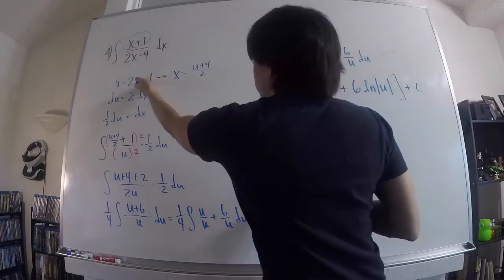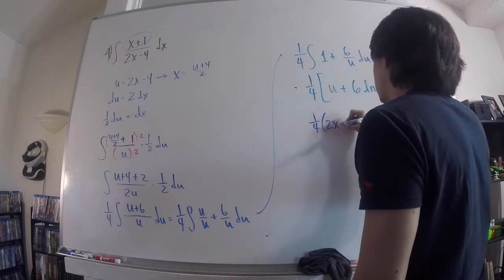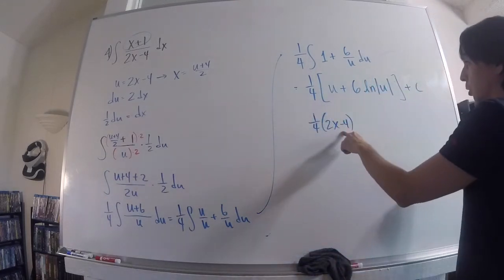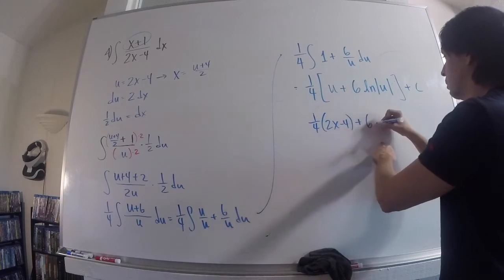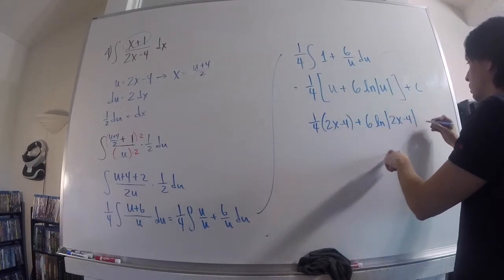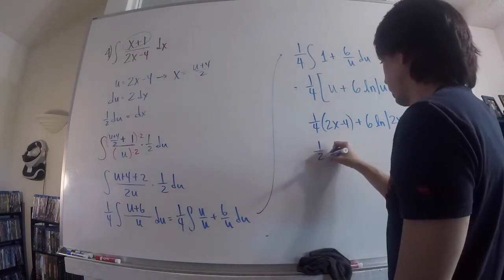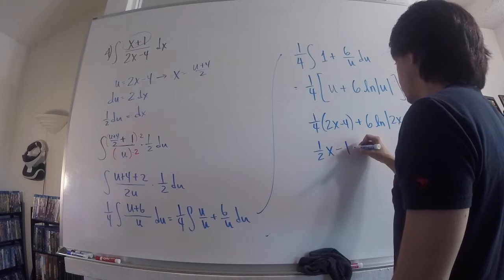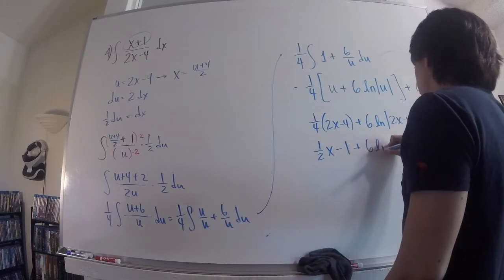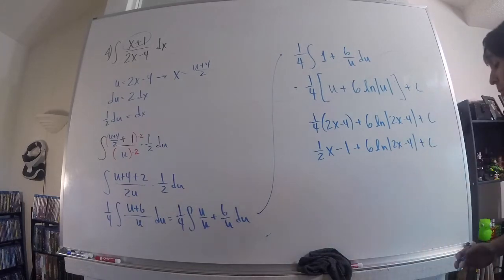Plug back in my u, 2x minus 4. Replace that u with 2x minus 4, plus c. I'm going to distribute, that's going to be 1/2 x minus 1 plus 6 ln of 2x minus 4 plus c.